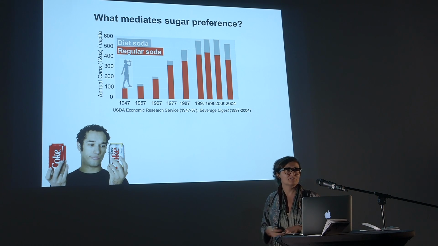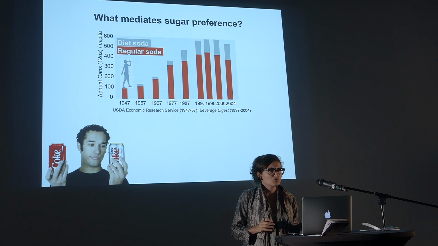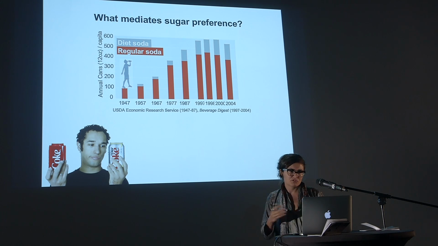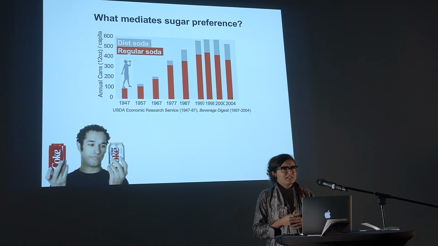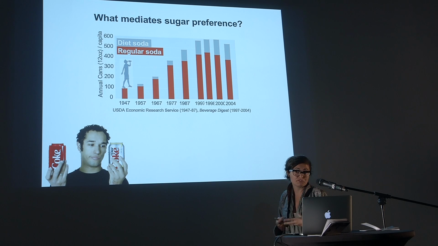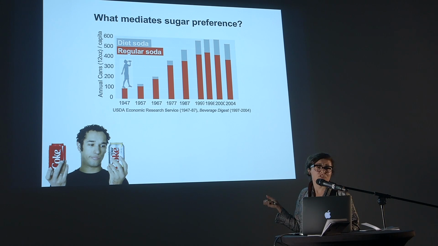So here we're looking at the market behavior of millions of people. So this is not just your individual preferences for artificial sweeteners versus natural sweeteners. We're looking at data that is very robust because it reflects the behavior of millions of people. And as you can see here, people don't like artificial sweeteners.